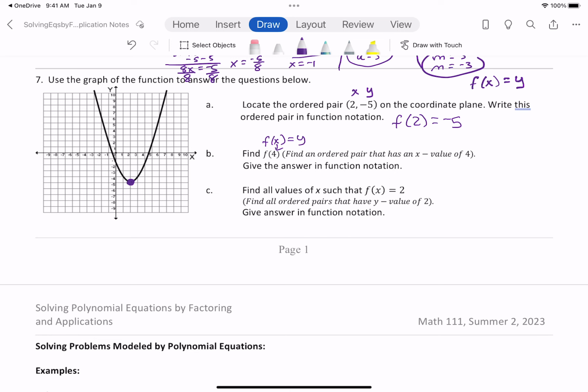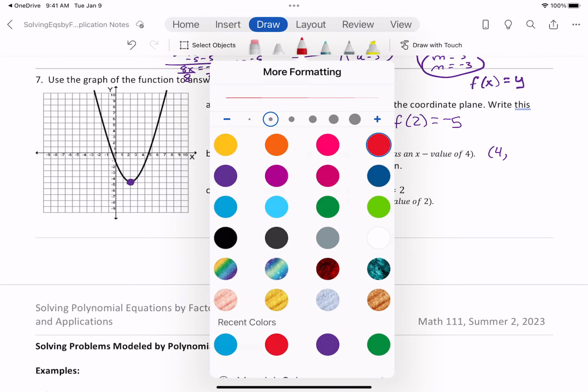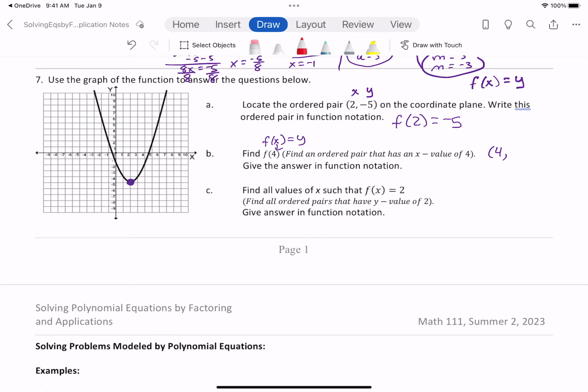So in my ordered pair, I know that the x is going to be 4. So if I go over to my coordinate system where x is equal to 4, you go to the graph and you find this point right here, which is (4, -2).